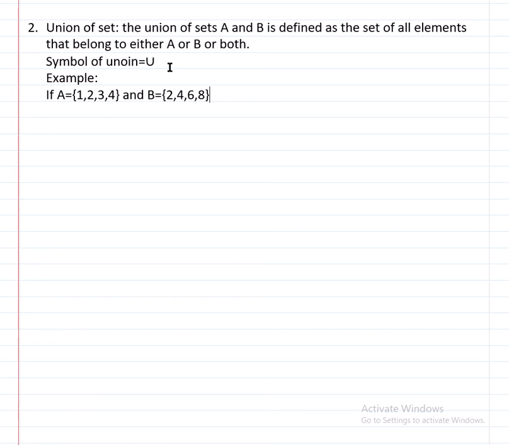Then when we talk of A union B, it means we are joining A and B together to make one.